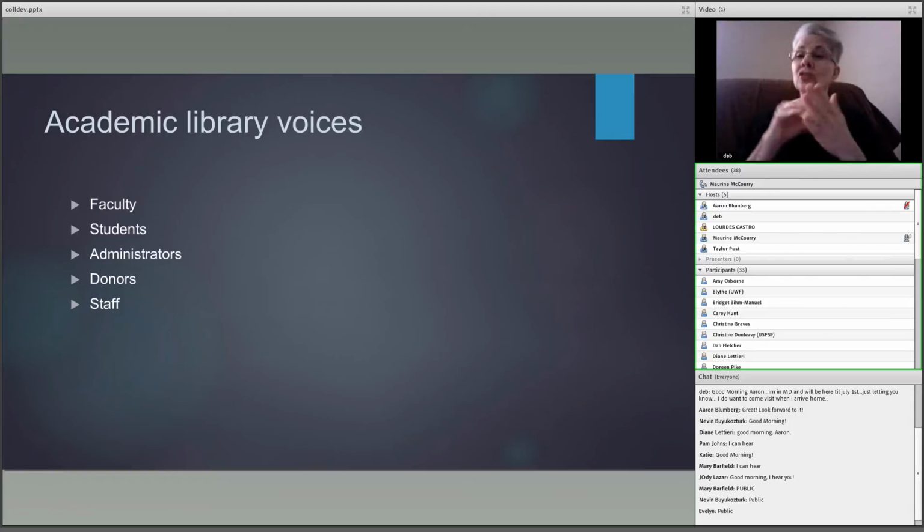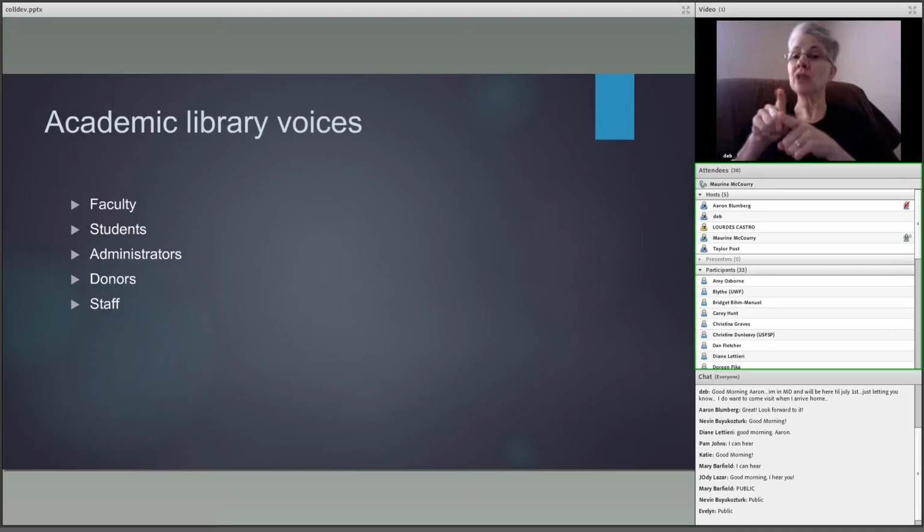But your students too may have different needs than the faculty may see. The faculty have given them assignments and suggested readings, but the students may want to supplement that with additional reading. So the students can be an important voice as well. Making yourself available to student suggestions can be an important part of collection development in an academic library.